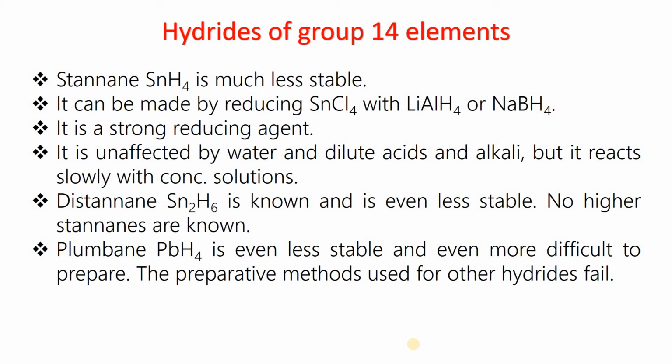Then the next member of the family, lead. Plumbane, PbH4, is even less stable and even more difficult to prepare. The preparative methods used for other hydrides fail. So we cannot prepare plumbane by using the earlier methods which we use for the upper members of the family.